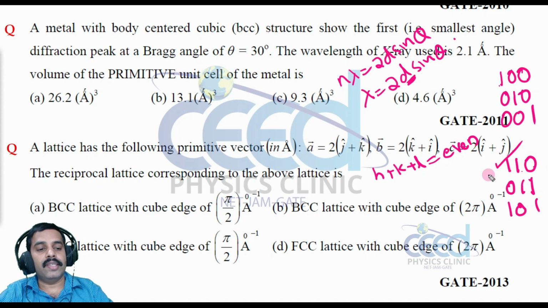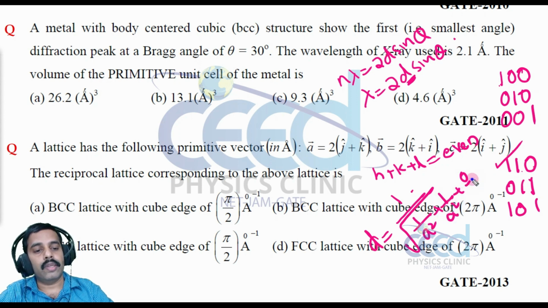At that condition, what is the interplanar spacing? d is equal to a by root of h square plus k square plus l square, that is a by root of 1 plus 1 plus 0, which is a by root 2, right?